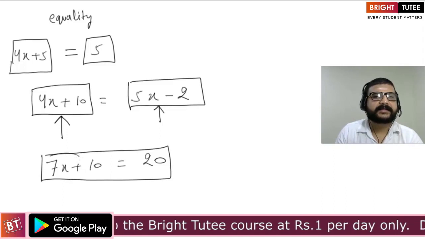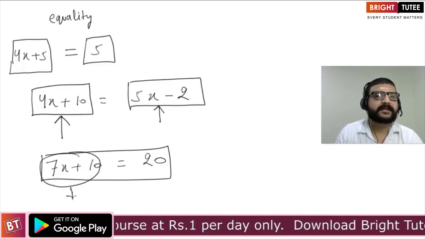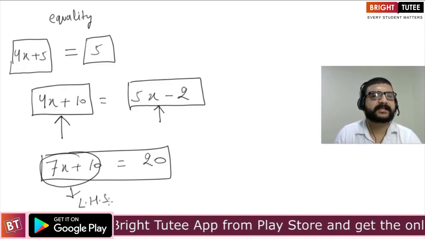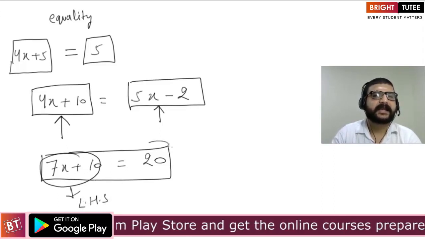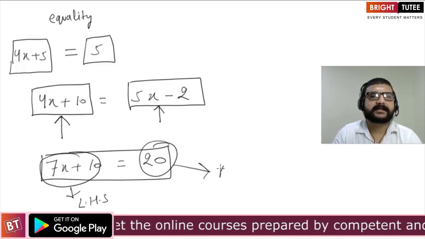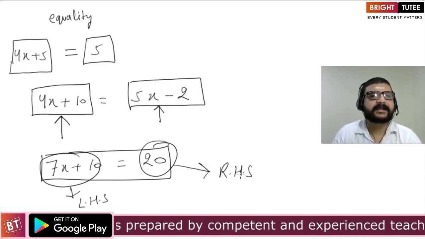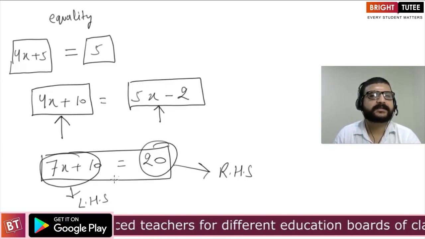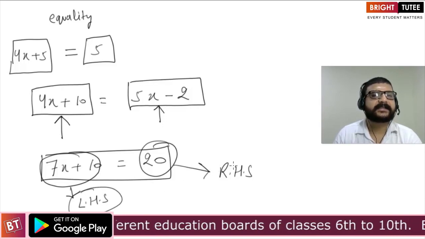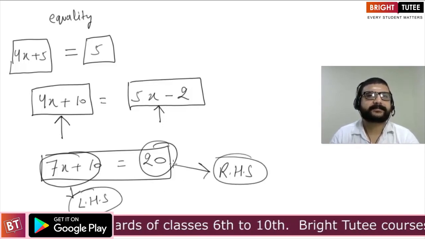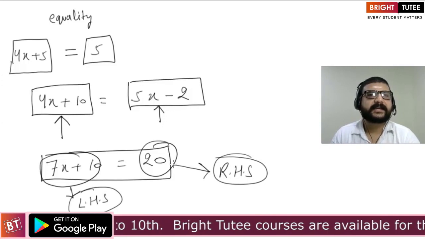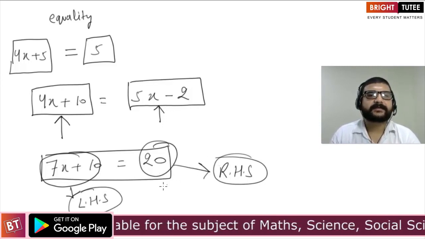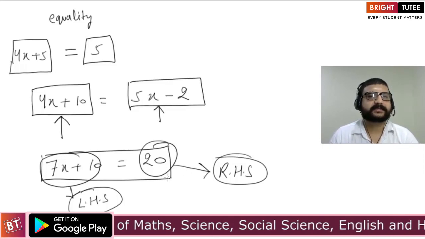Here the part on the left side of the equation is written as LHS, which is left hand side of the equality sign, and this is RHS, the right hand side of the equality sign. This equality sign is showing us that left hand side is equal to right hand side. These are basically the definitions of equations, or we can say examples of equations.